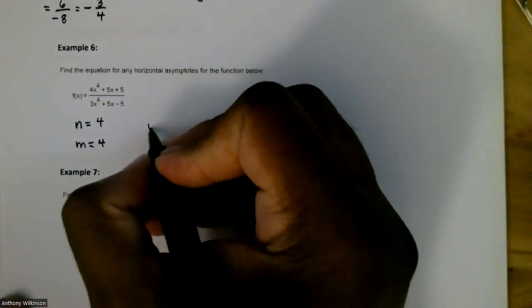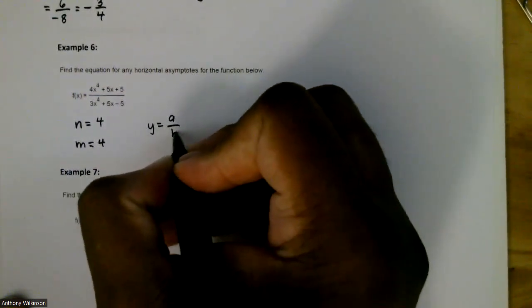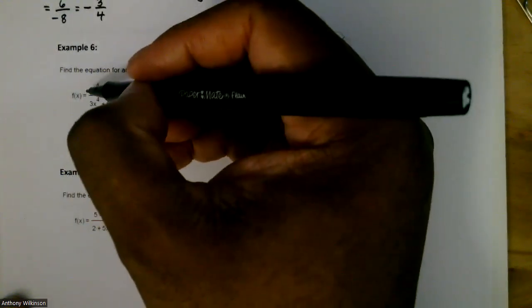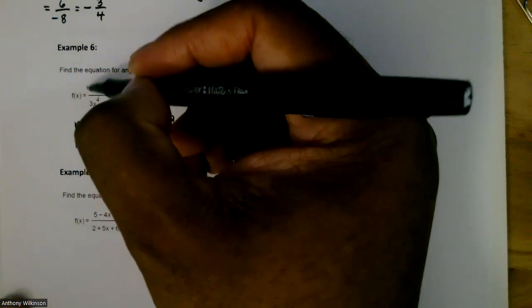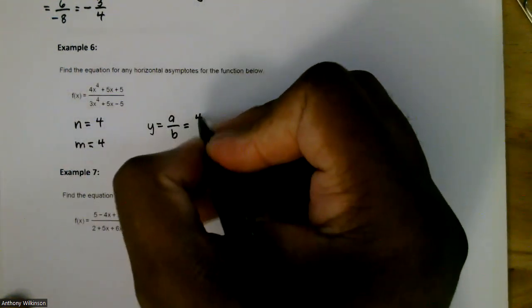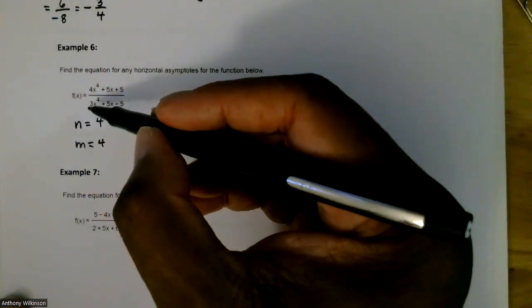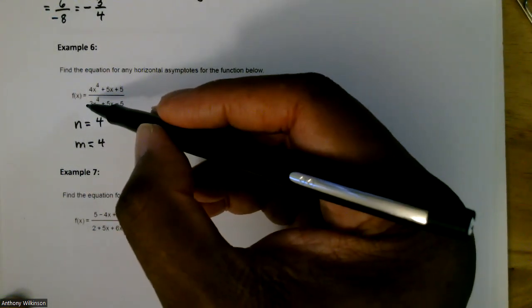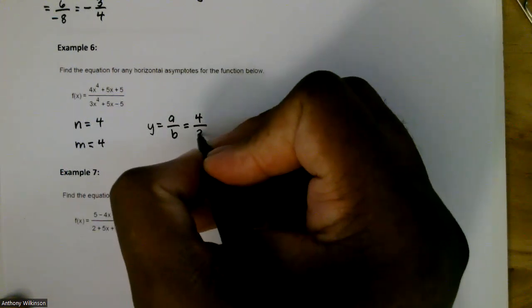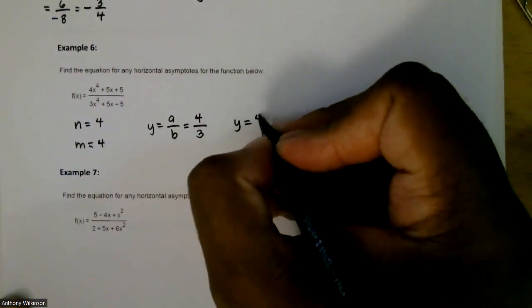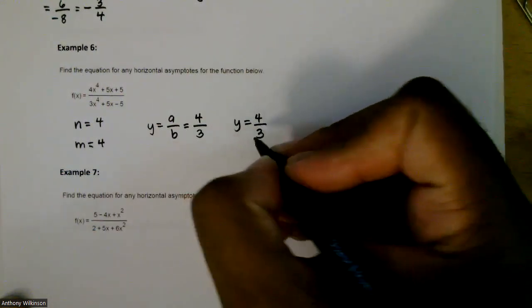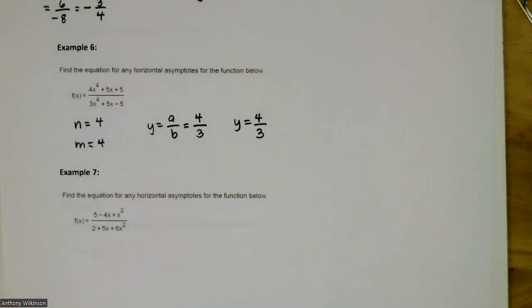So that means y is going to be equal to a over b. Your a is the coefficient of the variable to the highest power in the numerator. That's in this case going to be 4. The b will be the coefficient of the variable to the highest power in the denominator. That would be 3. So the equation y is equal to 4/3 is your horizontal asymptote.